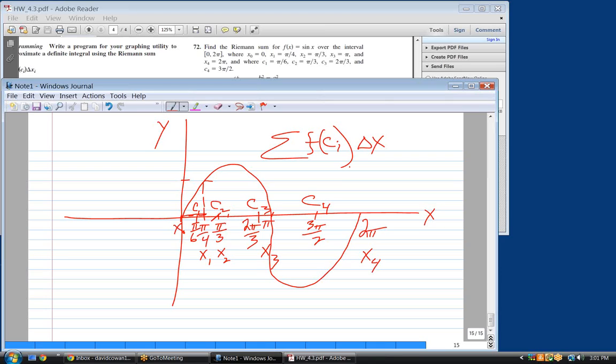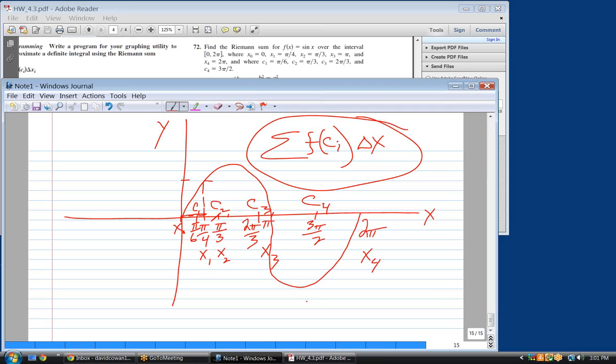Back to our definition of this. What you're basically going to do is calculate. We're out of time, and unfortunately I have another appointment I'm going to get to. But to find the Riemann sum of this, just solve that. In other words, the first delta x is the distance from x sub 0 to x sub 1, which in this case is pi over 4.